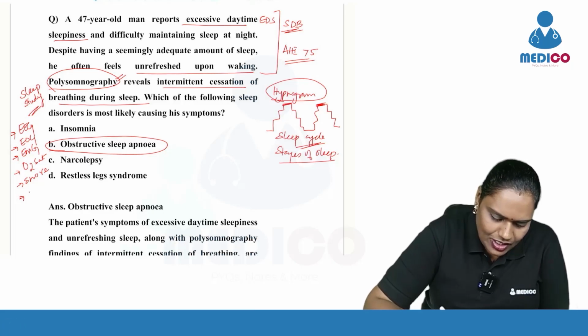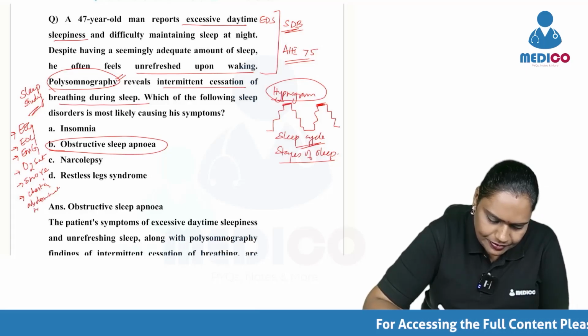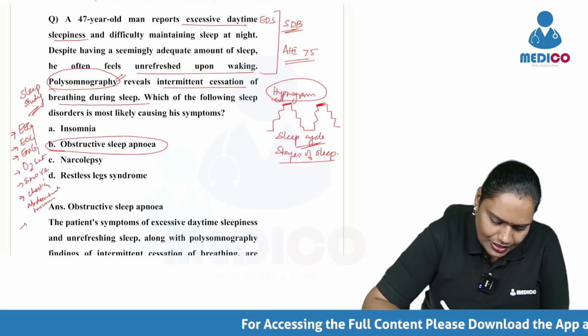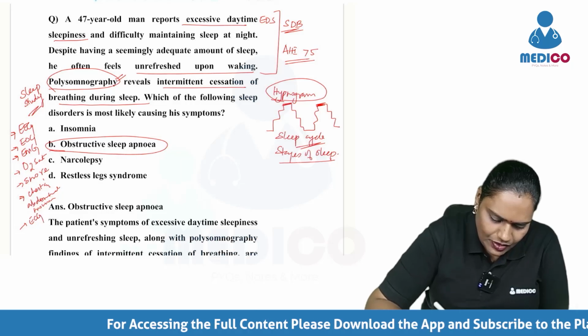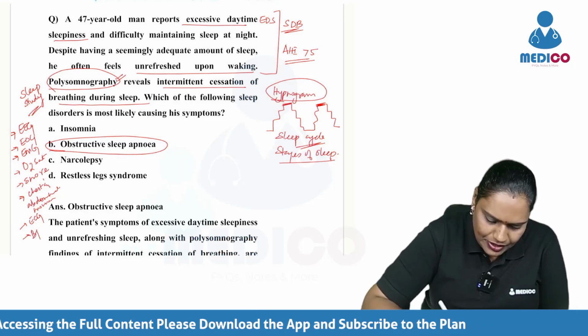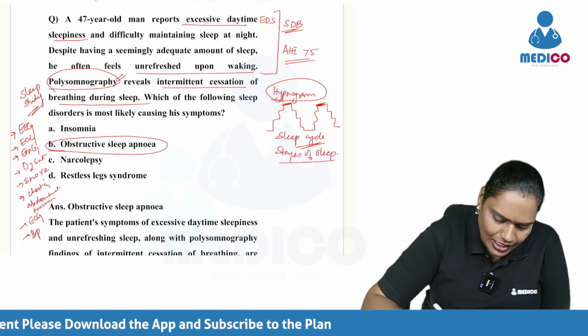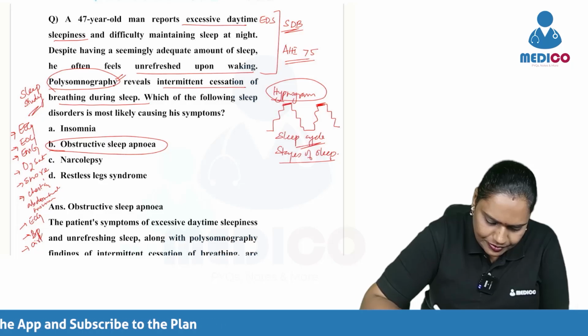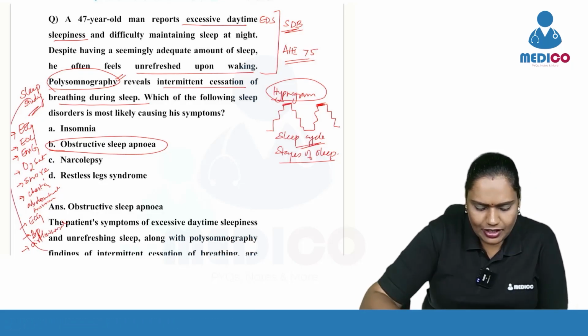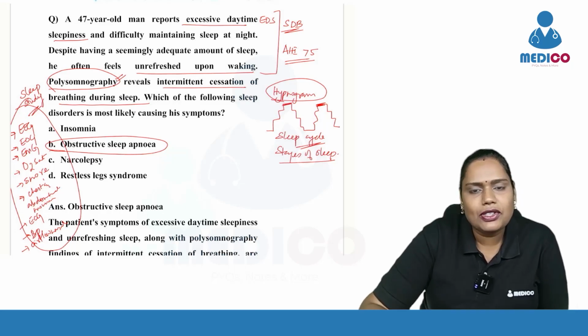Then chest and abdominal movements, ECG, sometimes even blood pressure, nasal airflow. All these parameters will be seen in polysomnography.